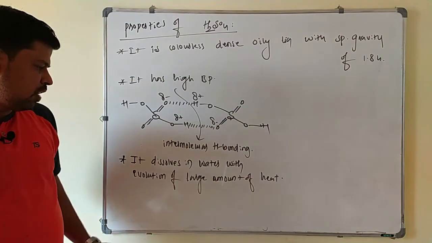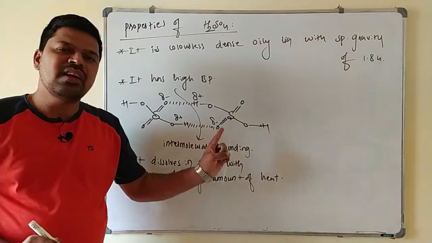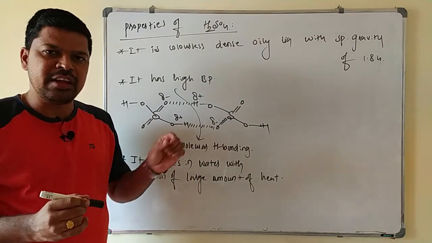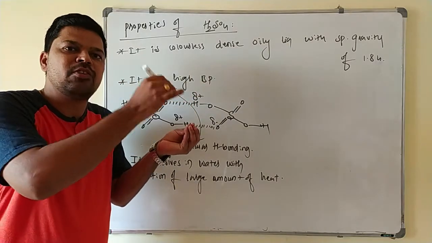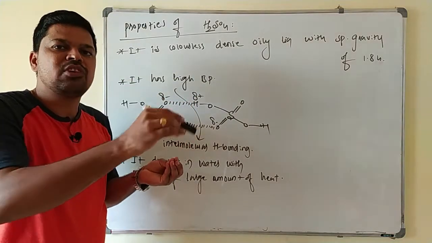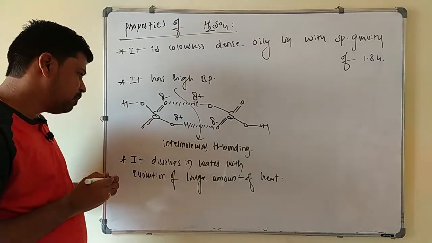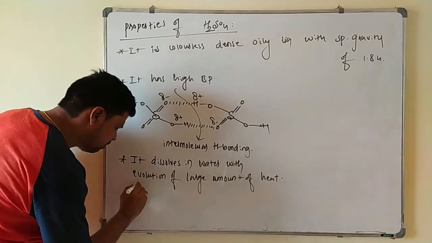So H2SO4 is highly soluble in water, but it dissolves in water with the liberation of what? A large amount of heat. That's why care must be taken while preparing the H2SO4 solution. Concentrated H2SO4 must be added to the water slowly with constant stirring. Otherwise, what happens? It will produce some bumps here. That's why care must be taken.